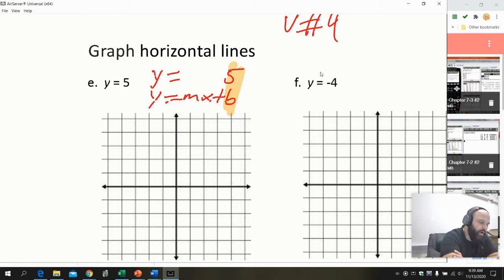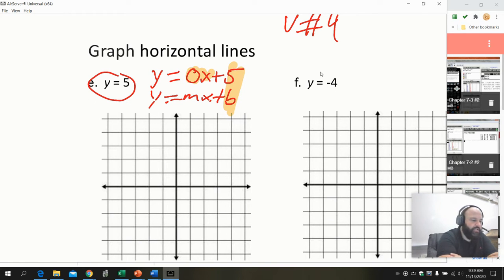The reason it lines up with the b is that in this equation, y equals 5 actually had a 0x plus 5. And you can see here that 0 times x would be 0, so this would actually cancel out the x term altogether.